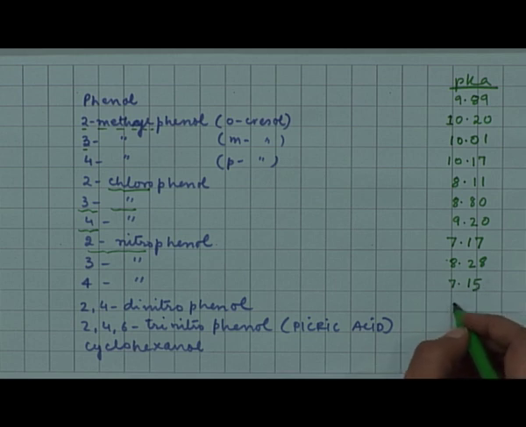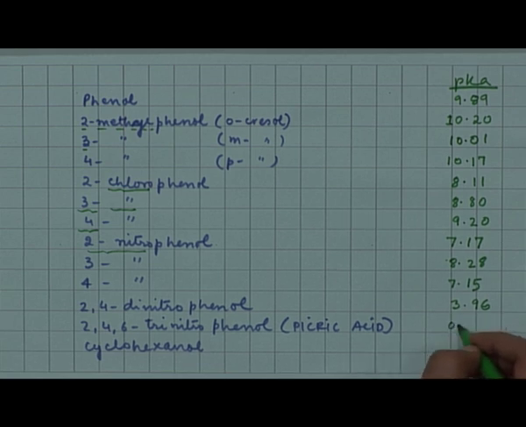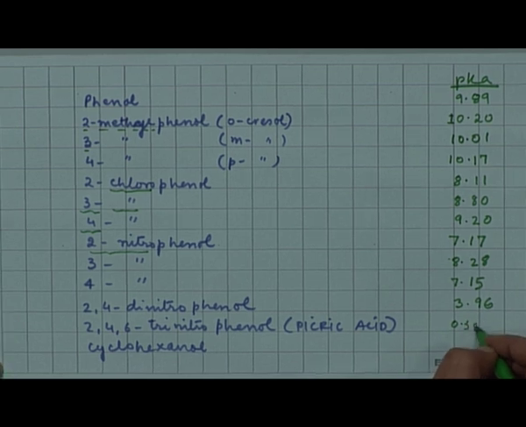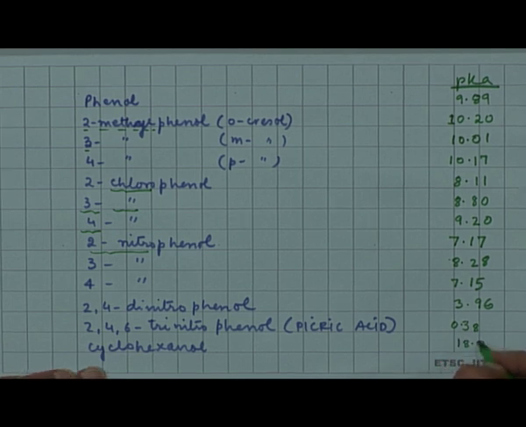With the dinitro substitution it becomes more acidic, 3.96, and that is why we saw that in this case the substitution was happening with PCl5. With a 2,4,6 nitro it becomes 0.38, and compare it to a cyclic alcohol, the cyclohexanol, which is 18.